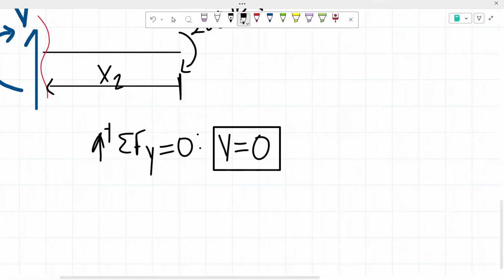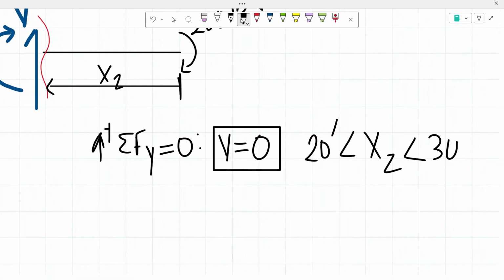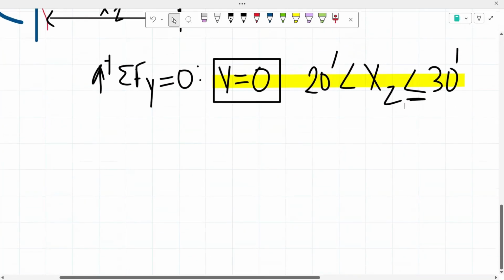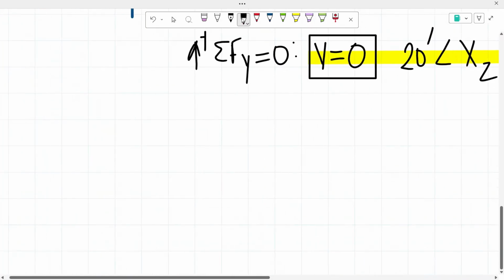Meanwhile, x2 is greater than 20 feet and less than or equal to 30 feet, sorry. And then for our moments, I'm going to be taking the sum of the moments about the cut.